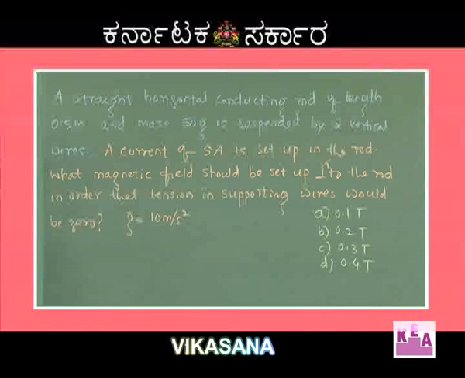A straight horizontal conductor of length 0.5 meters and mass 50 grams is suspended by two vertical wires. A current of 5 amperes is set up in the rod. What magnetic field should be set up perpendicular to the rod in order that the tension in the supporting wires would be 0? Right.